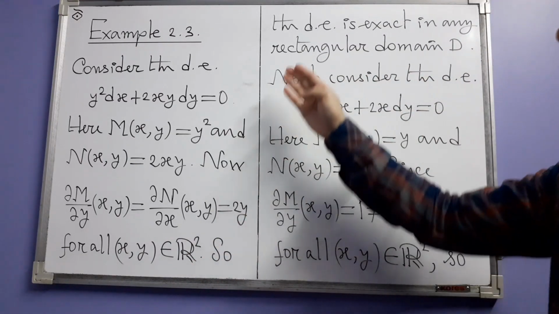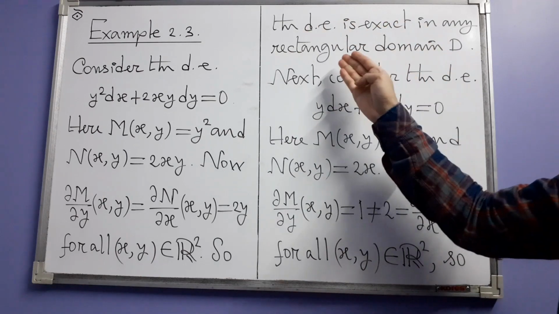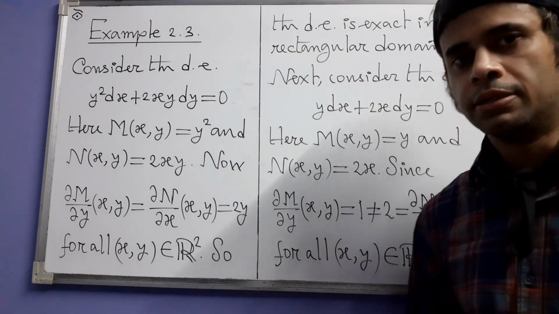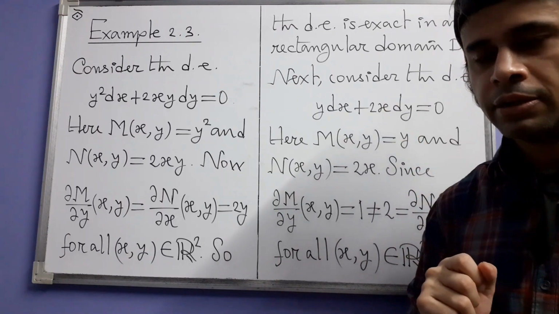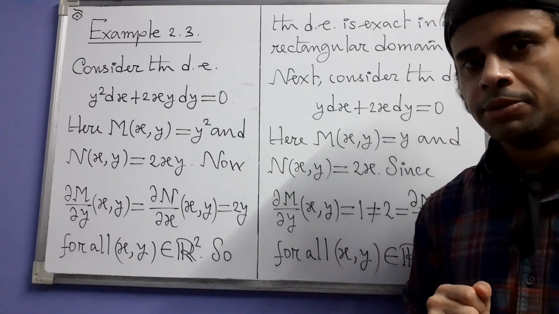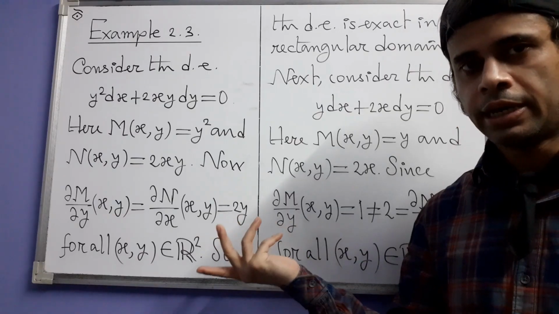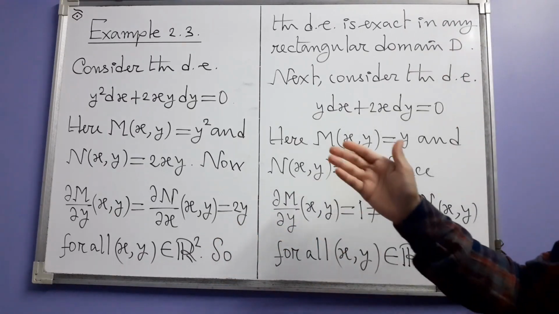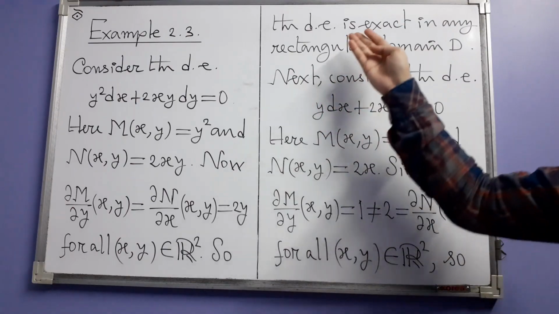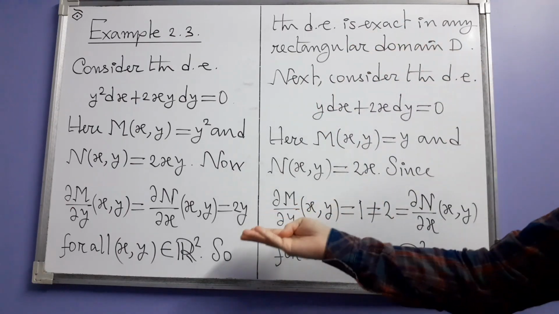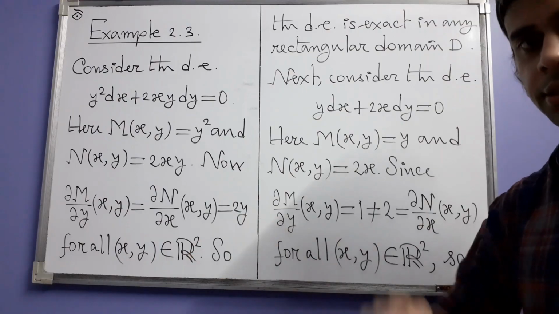And that is why the differential equation is exact in any rectangular domain. Let us also recall that in the original statement of Theorem 2.1, we considered rectangular domains, because we are going to use that here to conclude exactness. That's why we are just saying that in any rectangular domain this is the case.